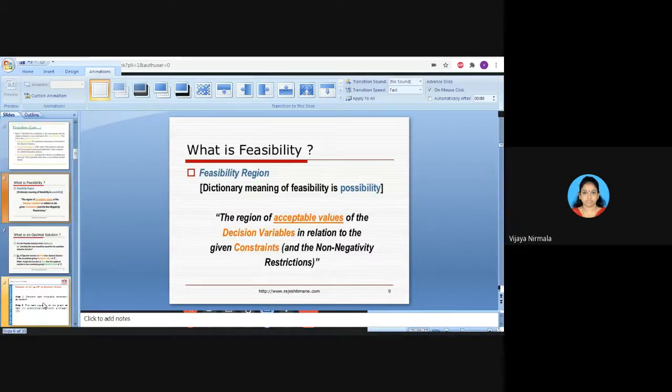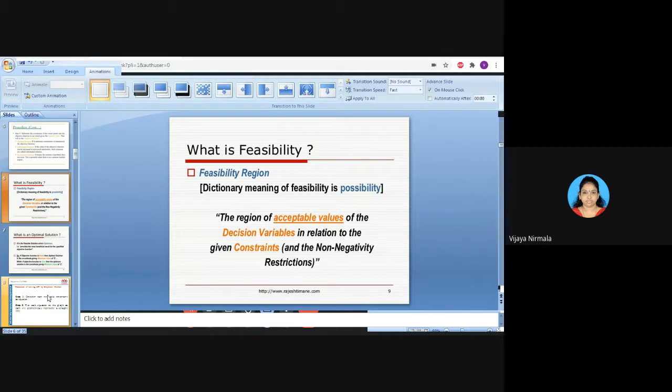And next, what is feasibility? We were discussing feasibility in the previous slides. Feasibility, according to the dictionary, means possibility.